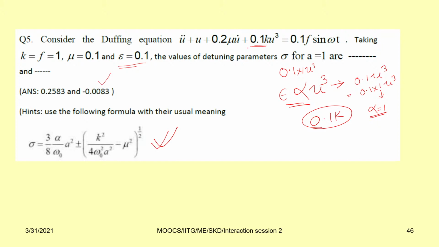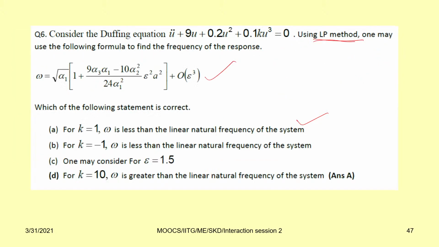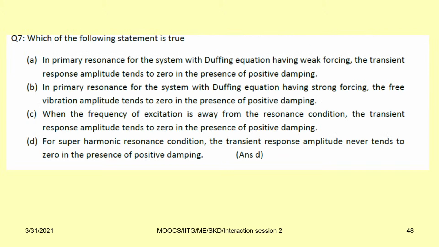So from that coefficient you can find what alpha is. You just see this alpha and the coefficient of u are of the same order, so that is also equal to 1. That's why you have taken alpha equal to 1. You can use the method of multiple scales also and you can find the answer. Okay, next. Already we have discussed this part, I think.